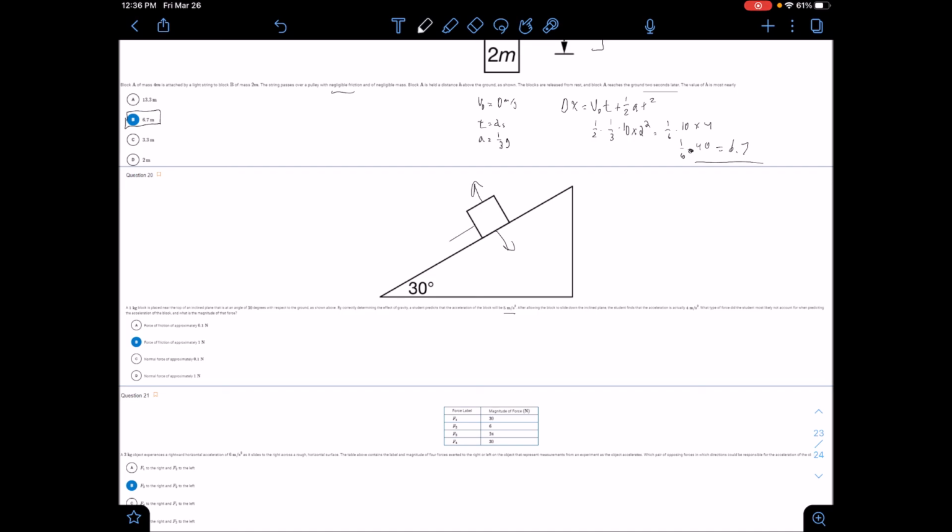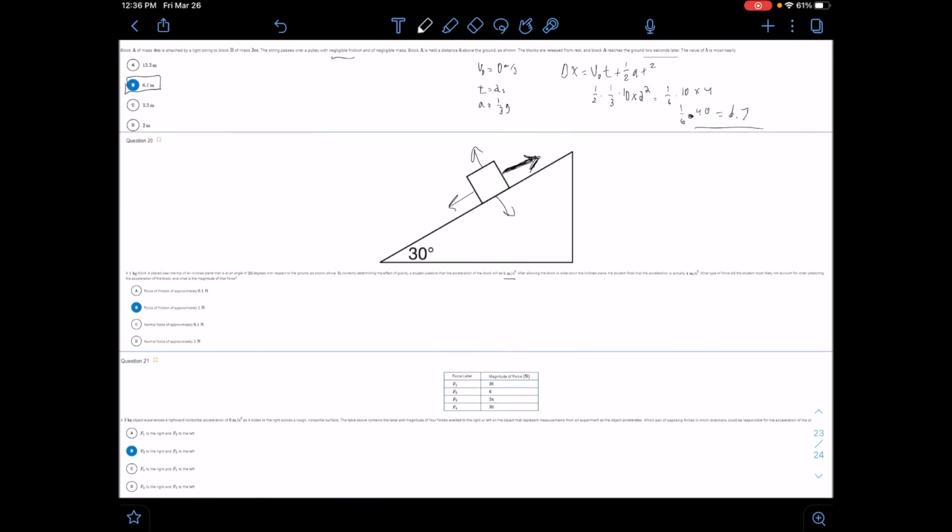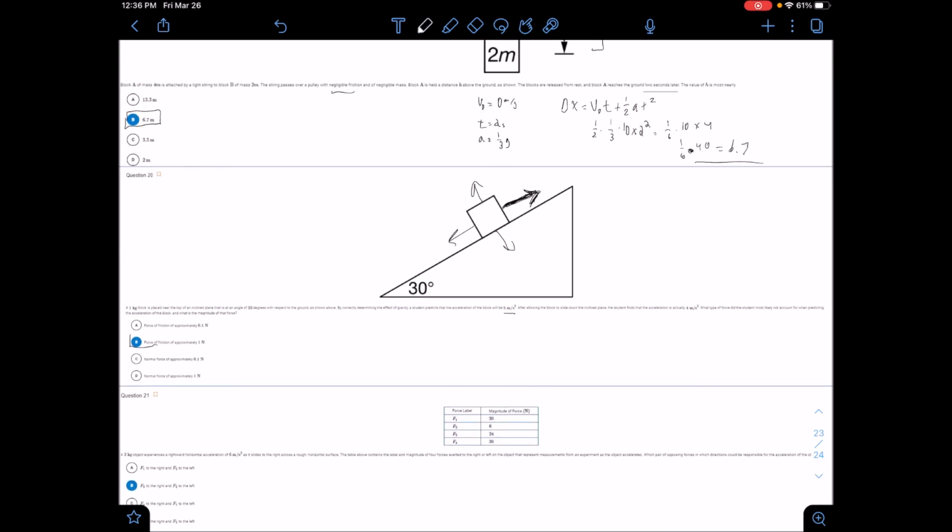He definitely accounted for it going this way. So that leaves that the only force that he forgot to apply was this force, which is the frictional force. And since he's 1 meter per second squared short, that means that he forgot to include 1 newton of the force of friction. And the math checks out. If you want to set up the equations and set them equal to each other, go for it.